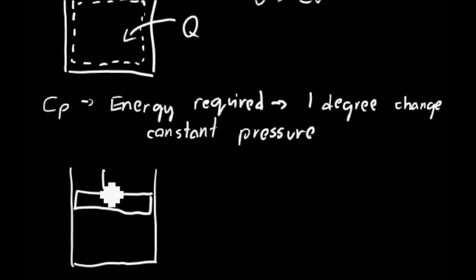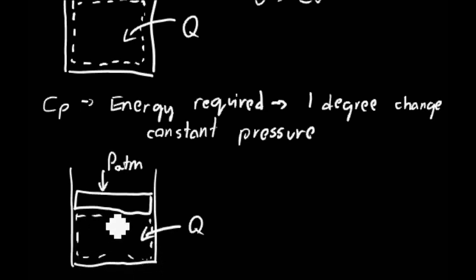Okay, and we have atmospheric pressure. Okay, and then we add heat to our system. So this is our boundary. As we add heat to our system, this piston is allowed to move up. So the volume changes, but the pressure inside of the container matches the pressure on the outside of the container, neglecting the piston weight. Okay, and what you tend to find is that the enthalpy has a relationship with this specific heat constant pressure.